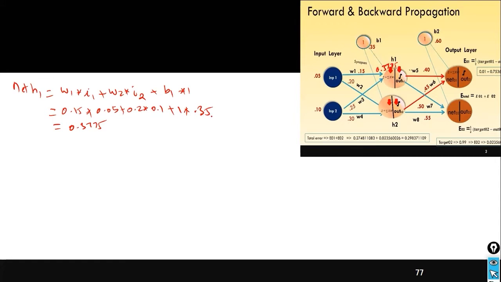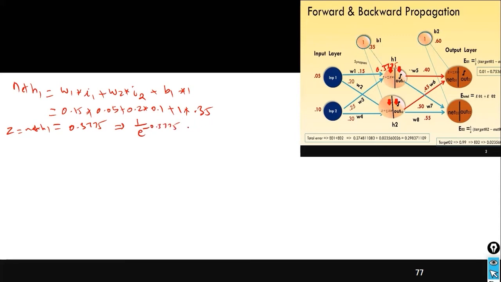Okay, and then the next step is we need to use the activation function. This is the value of your net H1, which is nothing but Z. And now we need to apply the activation function on this Z value. When you apply the activation function, what will happen? 1 divided by e to the power negative 0.3775.